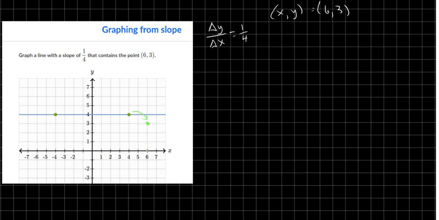I could go over 4 here and up 1, but I don't think it'll let me do that. It's off the graph. So instead we're going to choose a point here where we can go over 4 and up 1. We can go right 4, and then up 1. And this is the point that we need. We can go either direction, just like we did before.